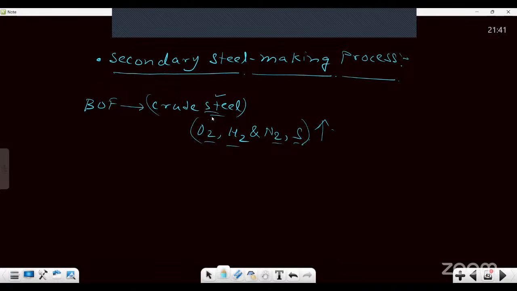That is the main idea of the secondary steel making process. The ladle is the heart of secondary steel making, which is why it is also known as ladle metallurgy.